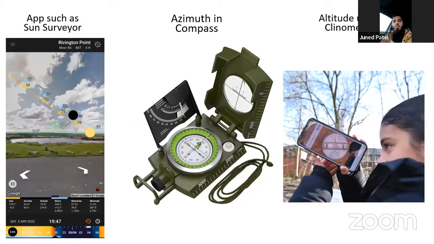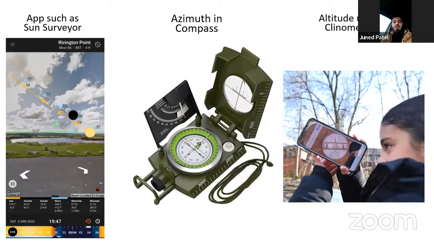If you move the time and date at the bottom, it will tell you precisely the altitude and azimuth for that time. That is how everyone gets altitude and azimuth. The next thing is the compass. If the azimuth on the app is 270, point your compass towards 270. That's the side.